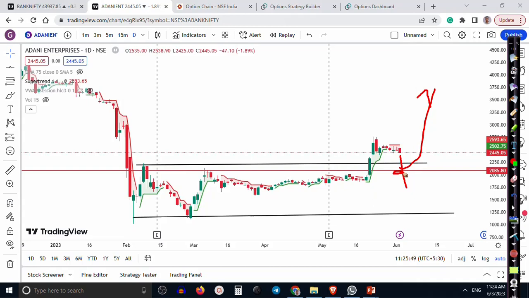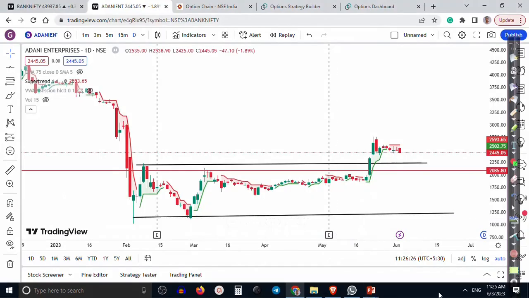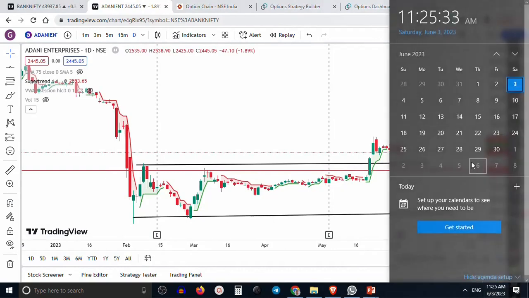First, when you deploy this strategy, earnings should not be released before expiry. Let's say we place it for this month and it expires on 29th June. So earnings should not be released before 29th June.